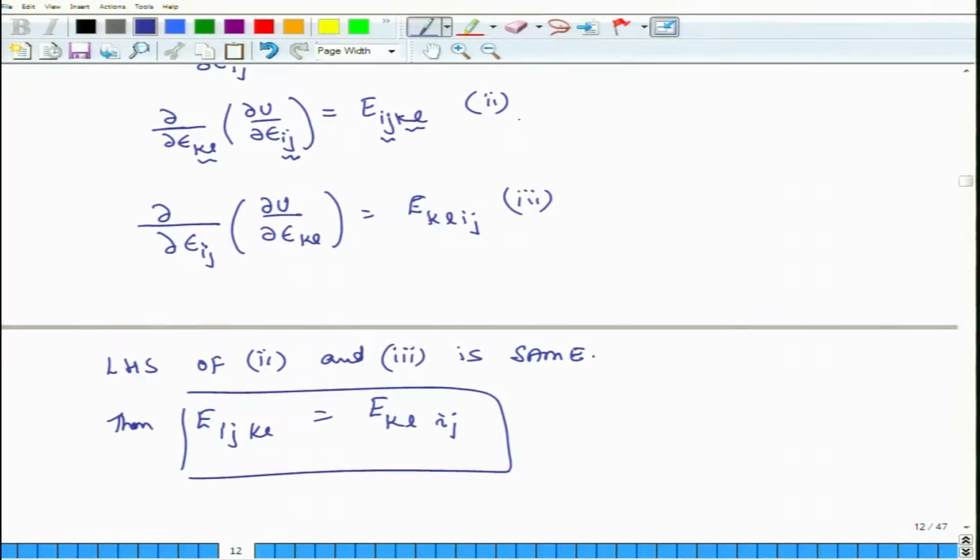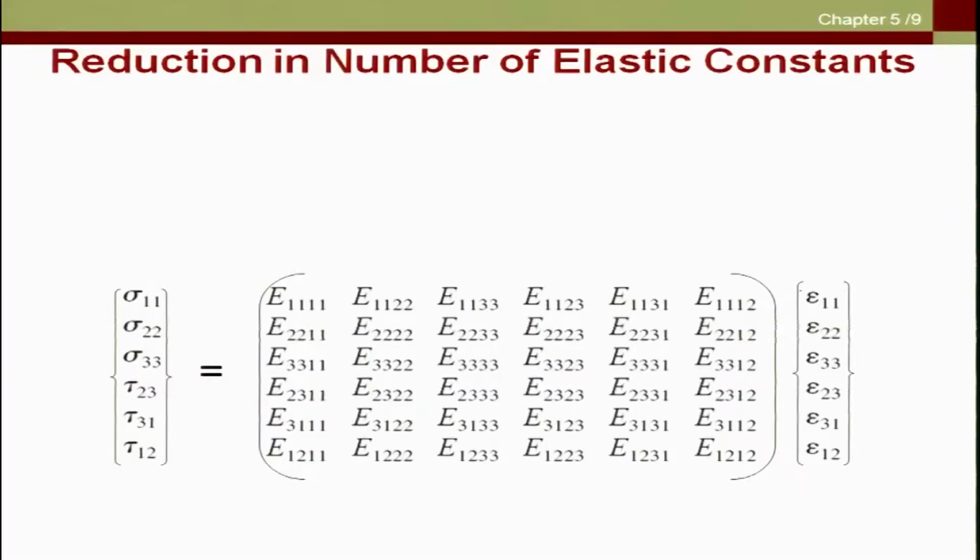So, what does that mean? Just give me a moment, I will open up a slide and explain to you what that means specifically. So, what we have shown mathematically is that Eijkl equals Eklij. So, this is the general stress strain equation.